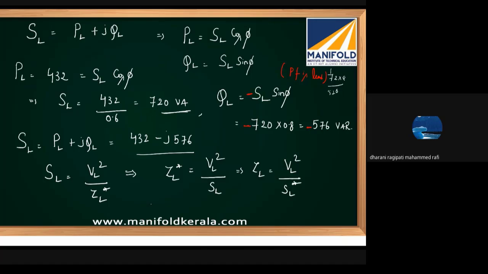Because the numerator is a square term, which is a real term. So from this, we can calculate ZL as 208 whole square divided by the conjugate, which is 432 plus j576. If you do this calculation, you're going to get the answer.